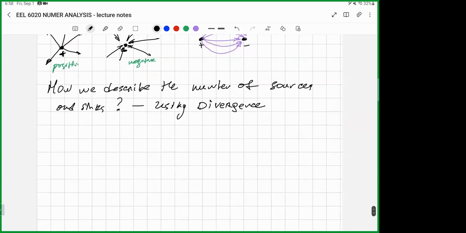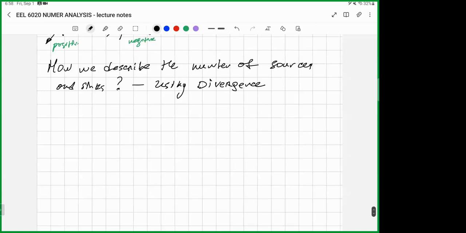Using divergence. So let's find the formula for the divergence.